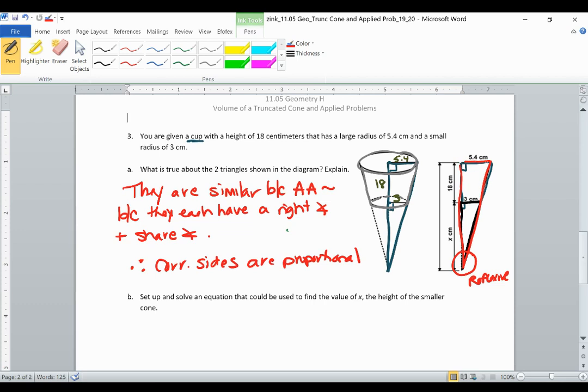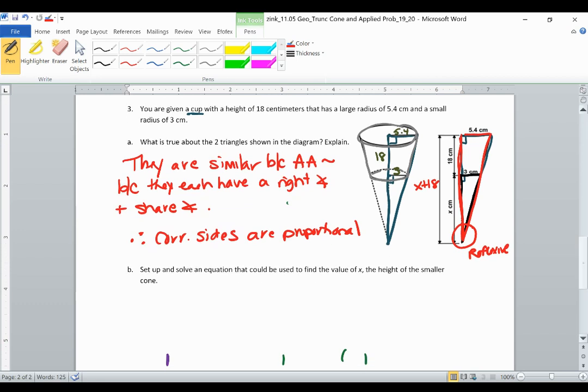When we're talking about the triangles, we have to look at the whole side. The little side in the small triangle is x. That corresponds to this big side over here, the length of which would be x plus 18. Now let's match up some corresponding sides since we know they're similar. I've got the side with the 3 right here, the short side.